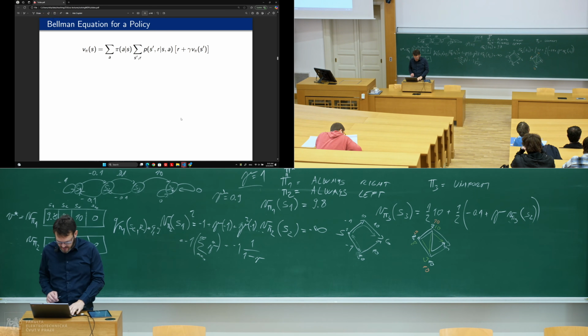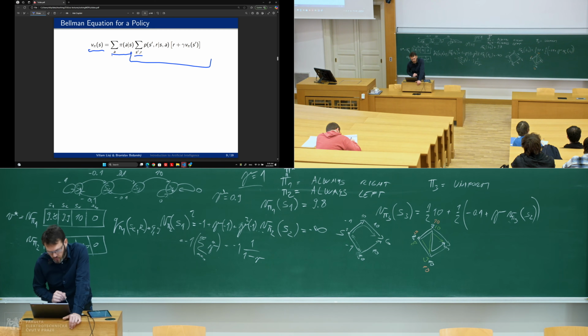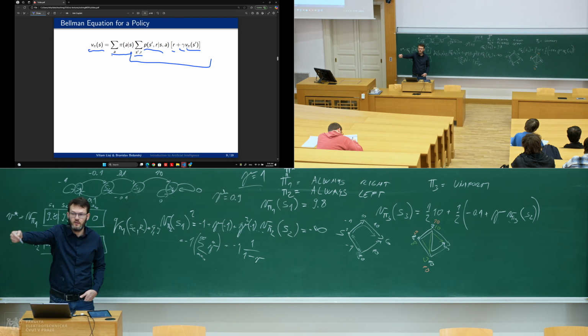It just says that if you want to compute the value for a state, you can take the expectation over all actions you can perform in that state, and take the expected value of that action, which is the expectation over all possible next states and rewards, the probability that this will happen times the immediate reward plus gamma times the value function in the state where you are entering, right?